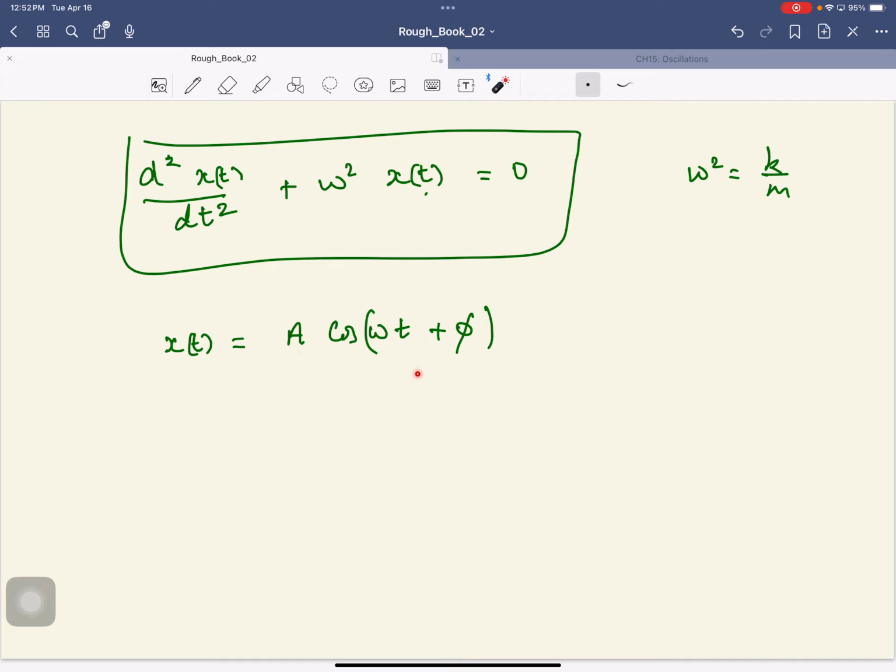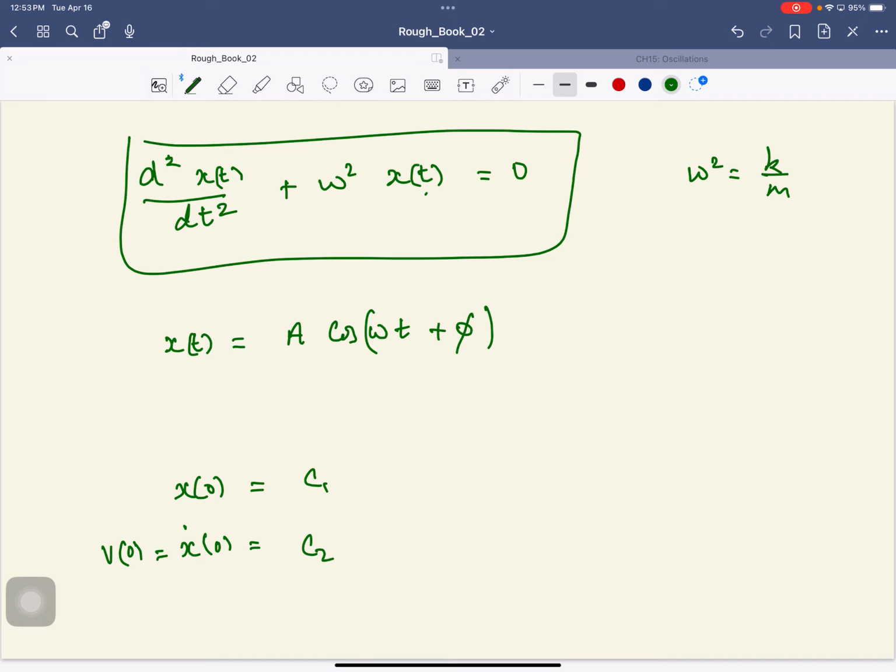Those will have to be determined by initial conditions. For example, x naught, the value of x at time zero, is one initial condition. And then you can have x dot naught, where x dot is the velocity at time equal to zero. That will be the second constant.